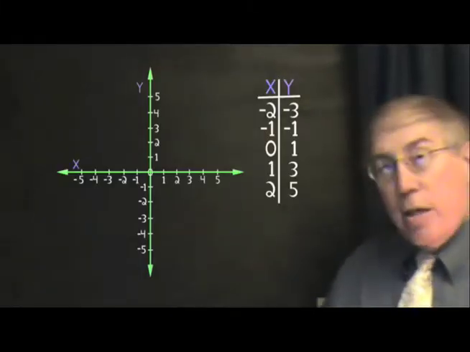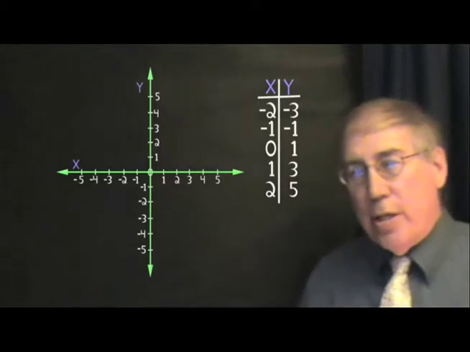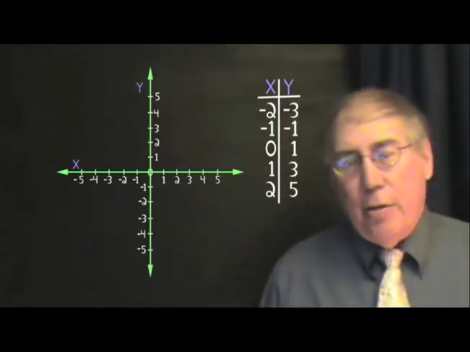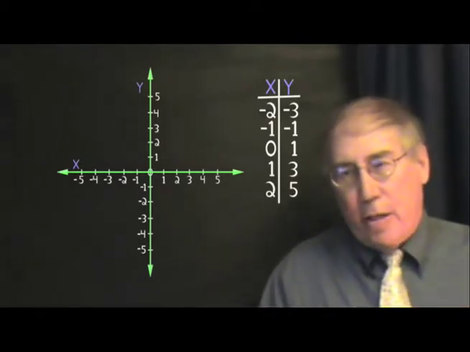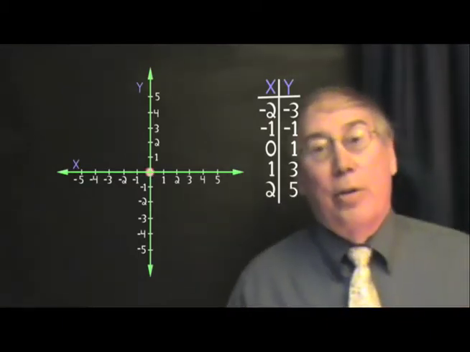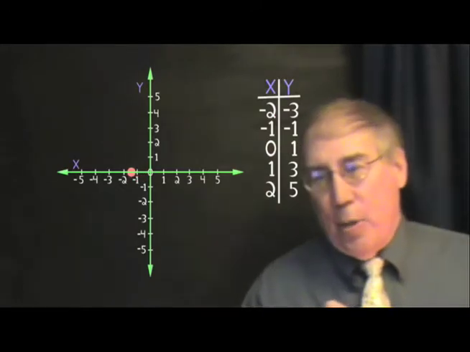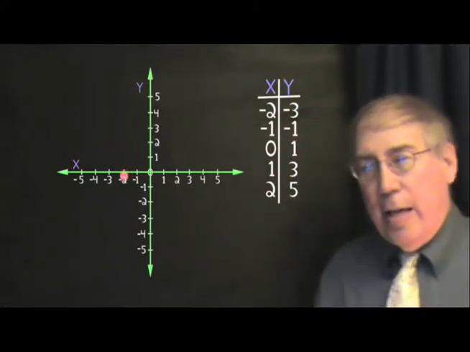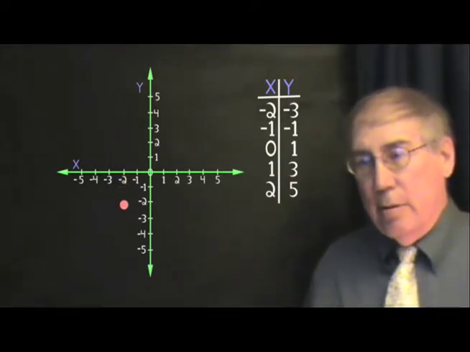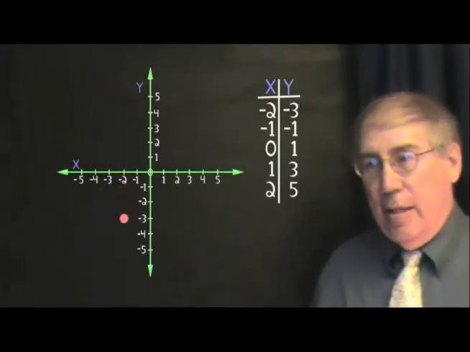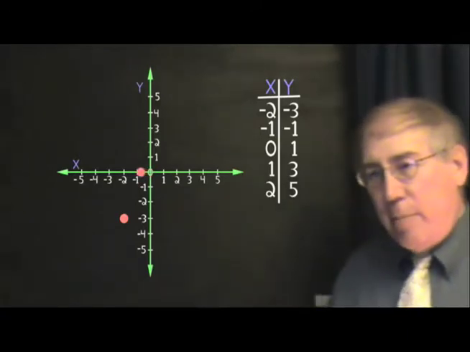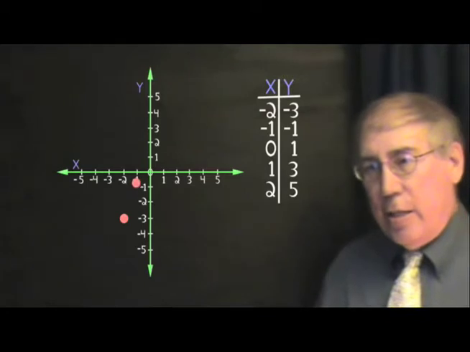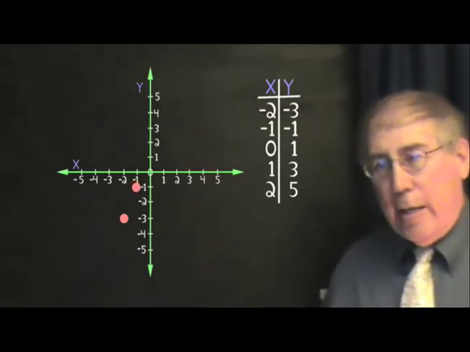Now let's graph some more points here. I have a chart with some more ordered pairs here. Now there's something unusual that happens when we graph these points, and I think you'll readily start to see it as we graph. So the first point here, we go 2 to the left and 3 down. And then the second point, we go 1 to the left on the x-axis and 1 down on the y-axis.